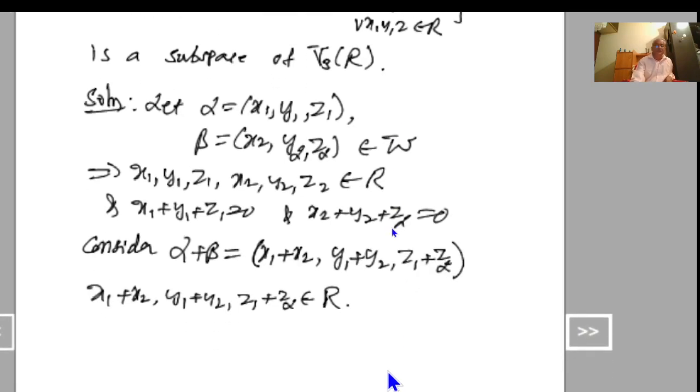And what about their addition? That is here, this plus this plus this: x1 plus x2 plus y1 plus y2 plus z1 plus z2.